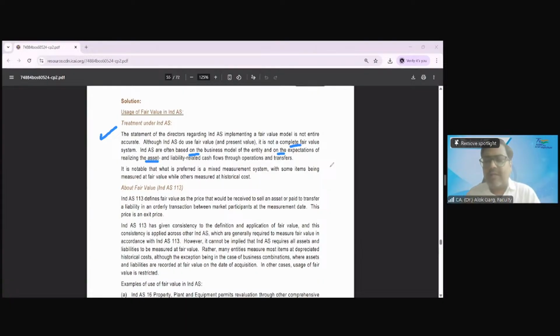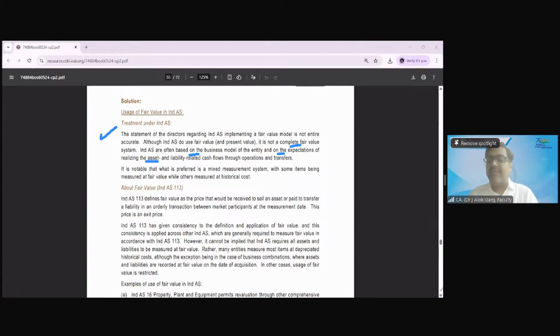On a few items, the company is following a present value model, which is value in use. On a few items fair value, on a few items historical cost, right? And nowhere is the entity valuation required to be disclosed in the financial statement. It is only restricted to the assets and liabilities of the entity, right?